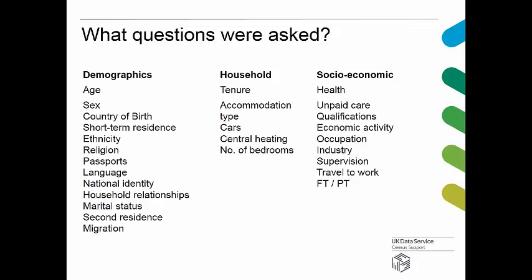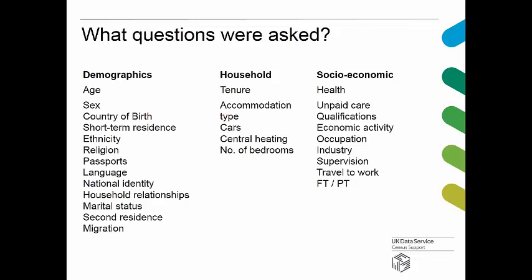Whether you have a car or a van, central heating, number of bedrooms, number of rooms, that sort of thing. And there are socioeconomic questions such as your health, unpaid care, qualifications, economic activity, occupation, industry, travel to work, and so on.